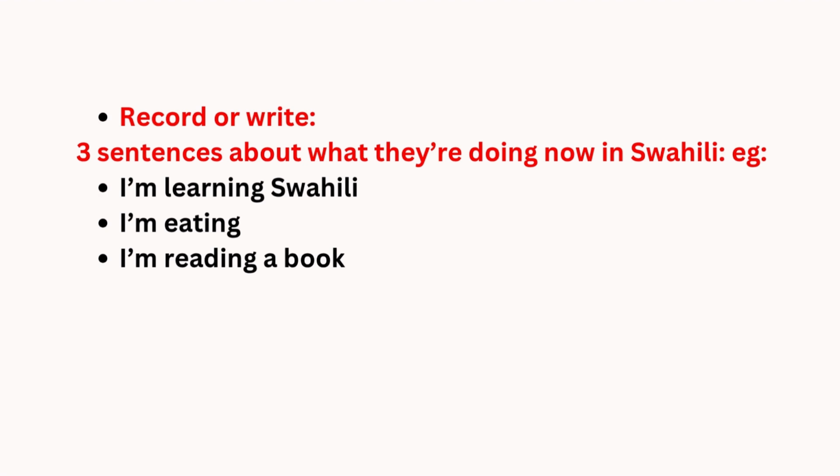Maybe you can say mimi ninakula, just like we mentioned earlier, but it's just a repetition of the subject prefix. The best thing to do in this case is just say ninakula. If it was I'm eating food, you say ninakula chakula.